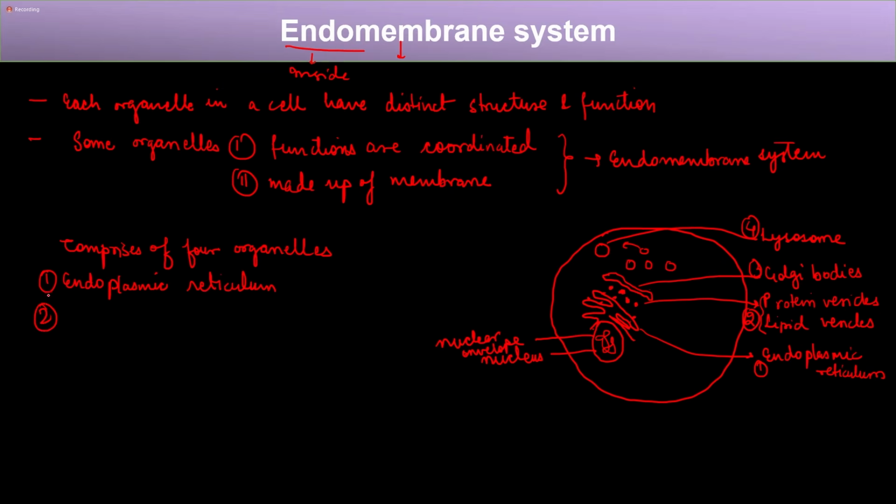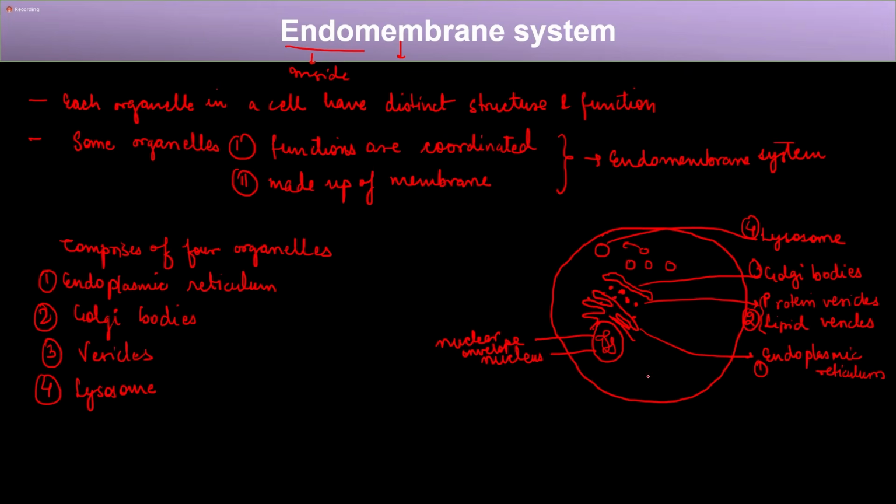The second is Golgi bodies. The third is vesicles, that can be lipid or protein vesicles. And the fourth is lysosome. So these together comprise the endomembrane system.